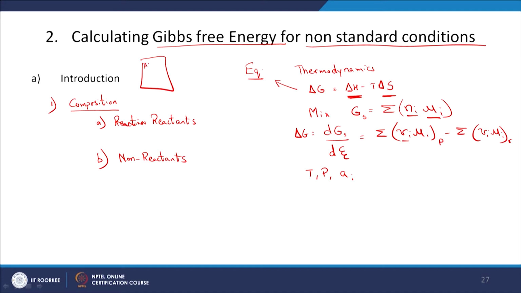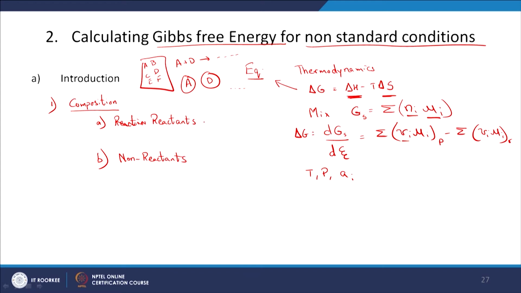I have compounds A, B, C, D, E and F at different concentrations, let us say, right? But my reaction is something like A plus D goes to various products here. So how do reactions take place? When compound A collides with compound D, right? If there is a physical collision, that is when in general you have a reaction taking place.